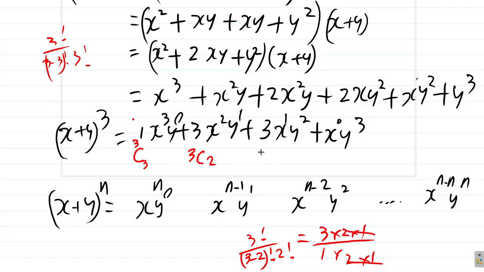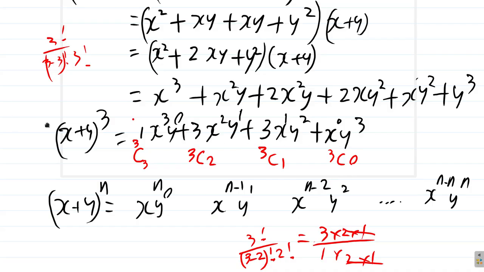Now, this would be 3C1, which will be the same as 3C2 when you calculate it. And then this is 3C0.